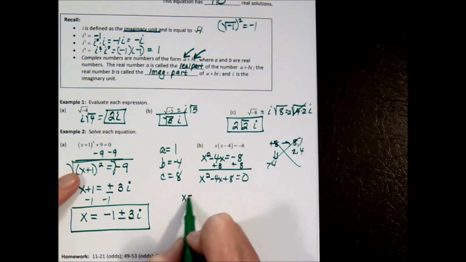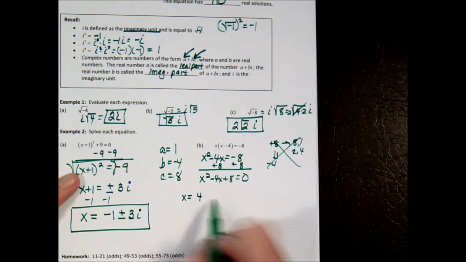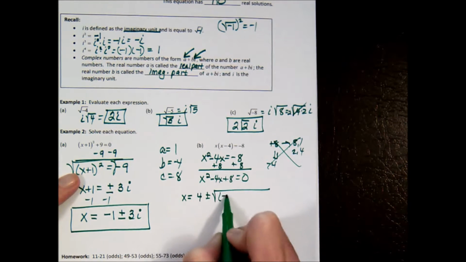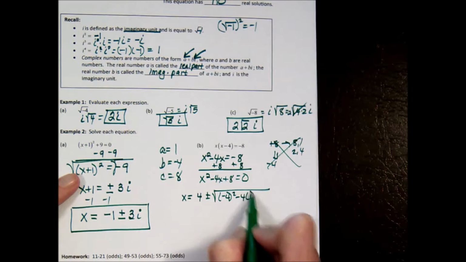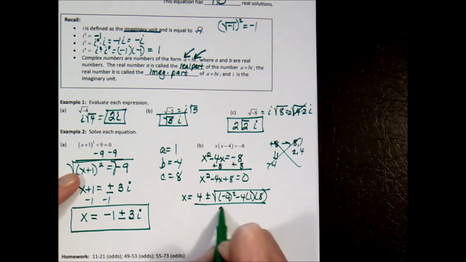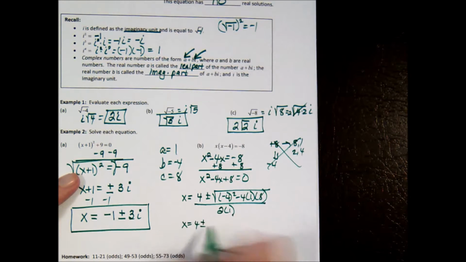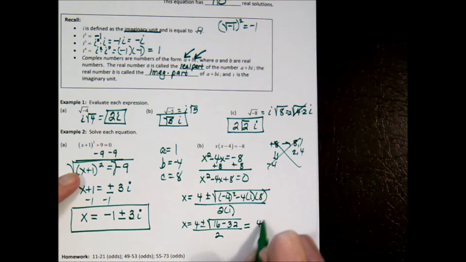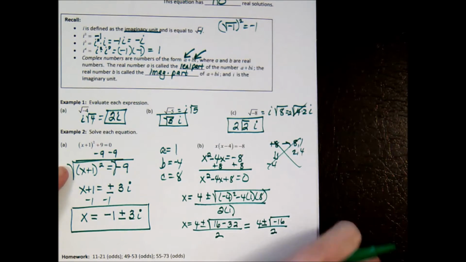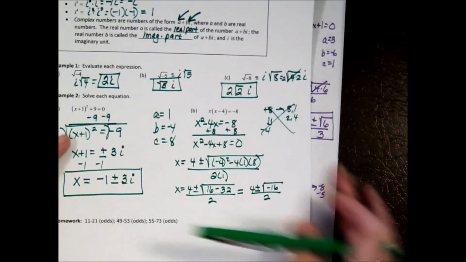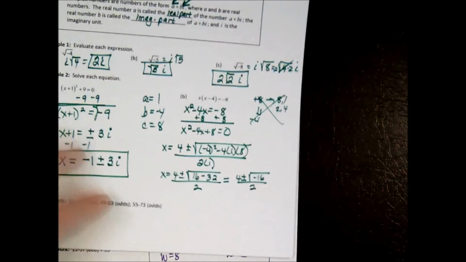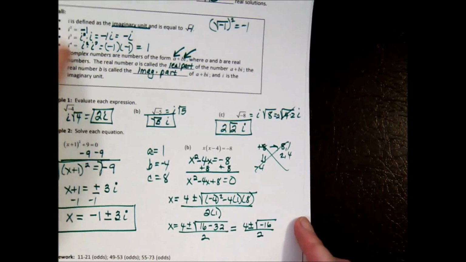That gives us x equals the opposite of b plus or minus the square root of b squared minus 4ac, all over 2a, or x equals 4 plus or minus the square root of 16 minus 32, all over 2, which is 4 plus or minus square root of negative 16 over 2. Continuing with that, let me get this one up underneath here so you're not seeing that problem also.